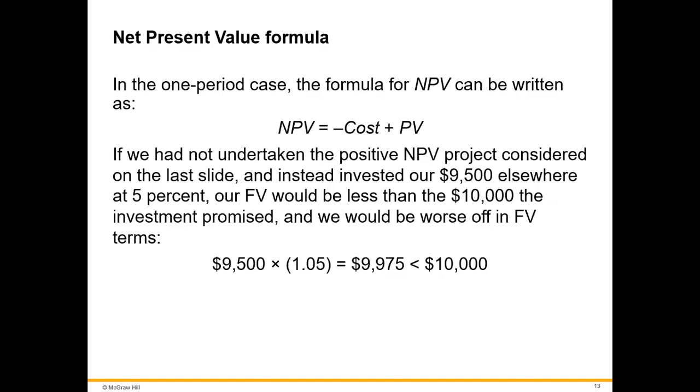So 9,500 times 1.05, that future value would only be $9,975 when we could have invested in something that cost 9,500 and received 10,000. So you can look at it from these two different perspectives.